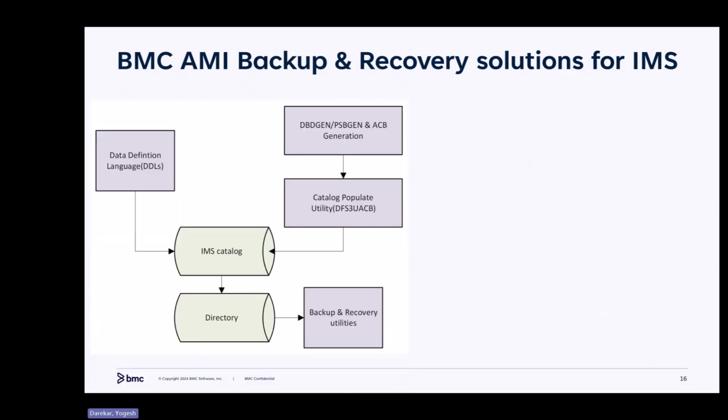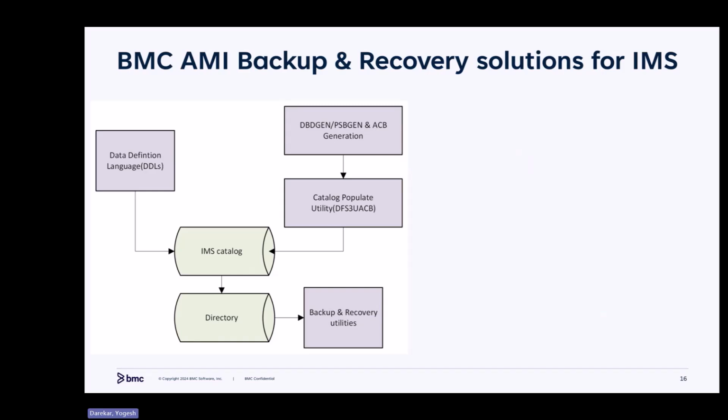As Josh explained earlier, our backup and recovery products also work in a similar way to how the database utilities products are implemented. You can generate DBDs and PSBs, and once you do the ACB generation, you can populate the catalog using the populate utility DFS3UACB.